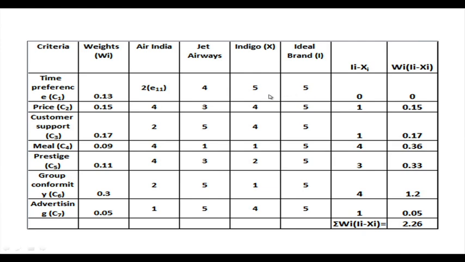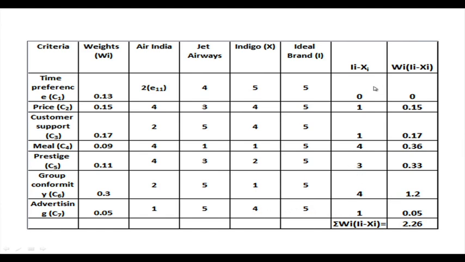So, it is 5 minus 5, that is 0. The second one, 5 minus 4, that is 1. Then again 5 minus 4, 1. Then 5 minus 1, that is 4. Then 5 minus 2, that is 3. Then 5 minus 1, that is 4. Again 5 minus 4, that is 1.